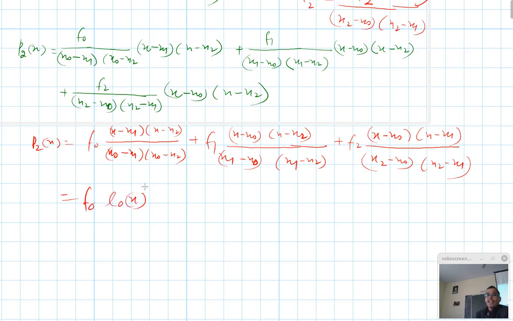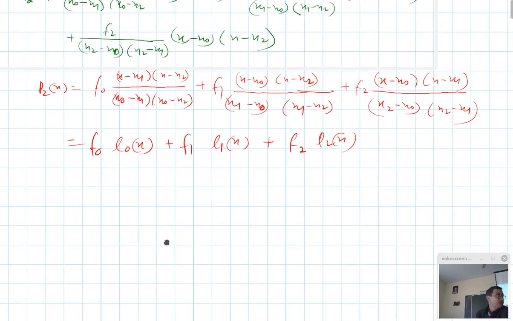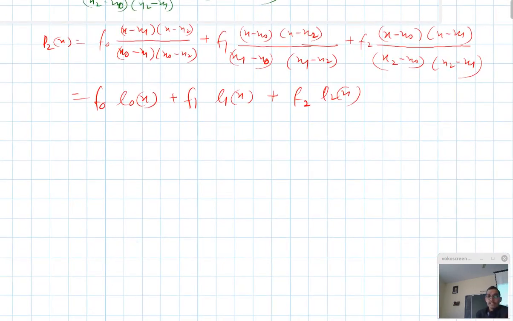Let us call it L naught(x), this one L1(x), and this one, because I want to generalize it, L2(x). So if I put these values here, it can be written as summation f of i Li(x), where i varies from 0 to 2.